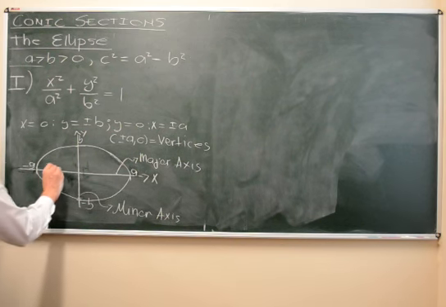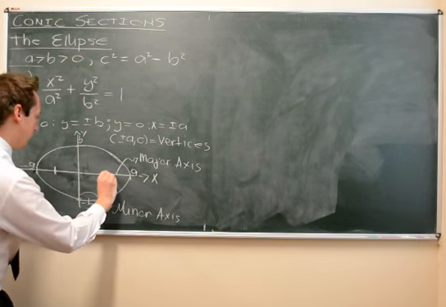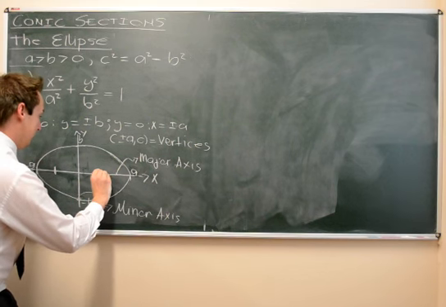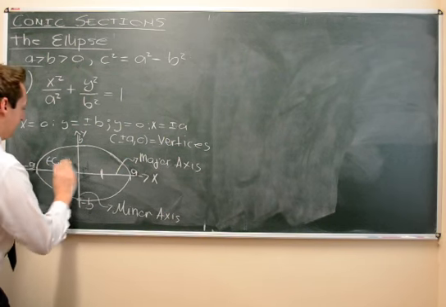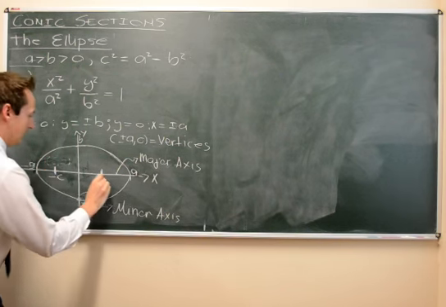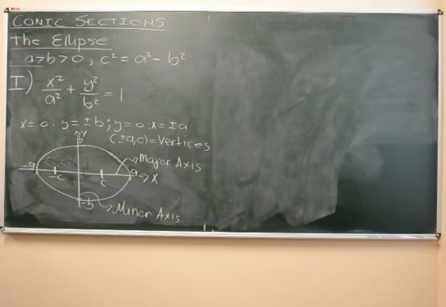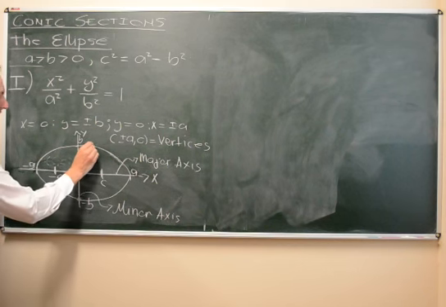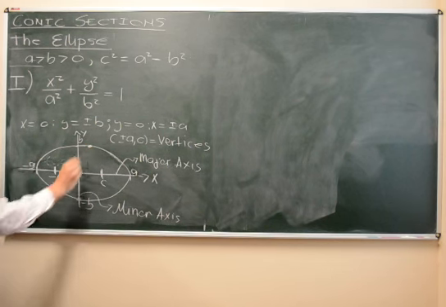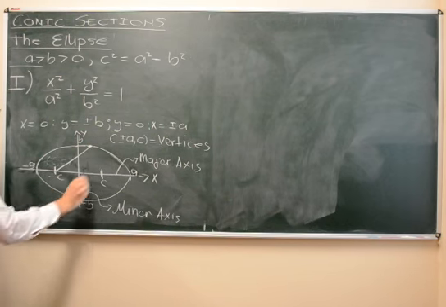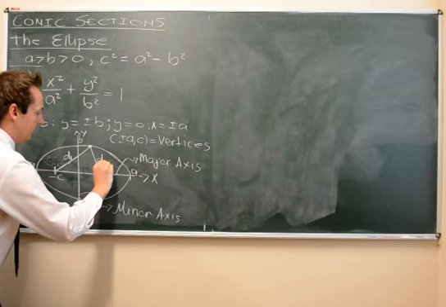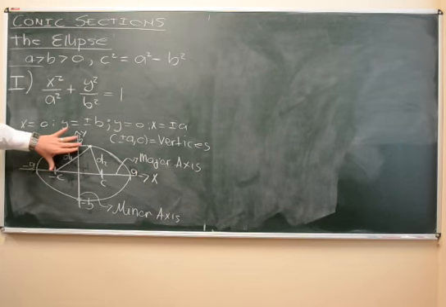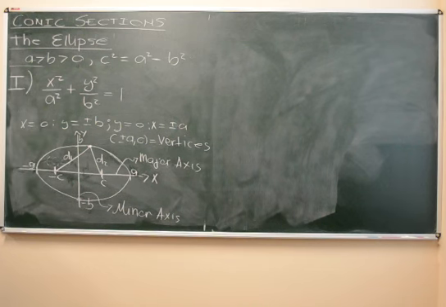Well, if we mark off the 2 points, say there and there, so minus c, 0 and c, 0 on the x-axis, these 2 points have a very special property. If you take a point anywhere on the ellipse, say a point over there, and you calculate those 2 distances, d1 and d2, then if you add them up, you'll always get the same answer.